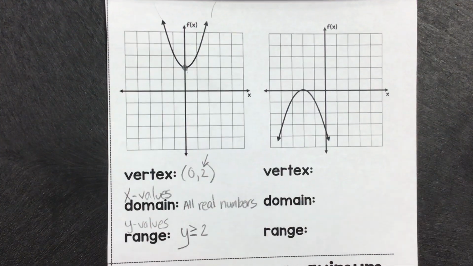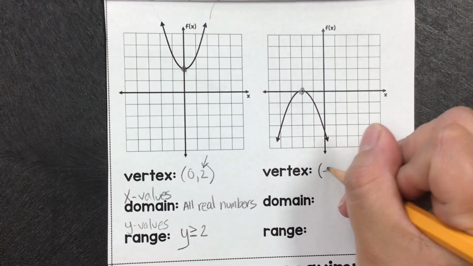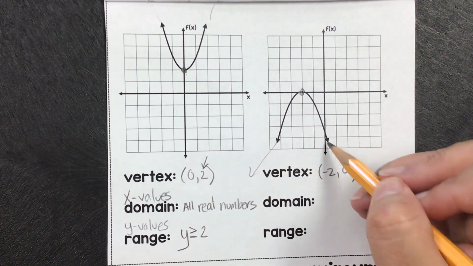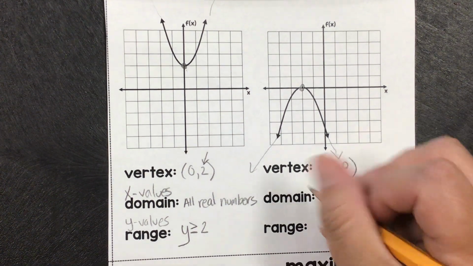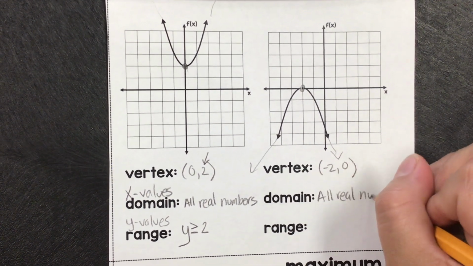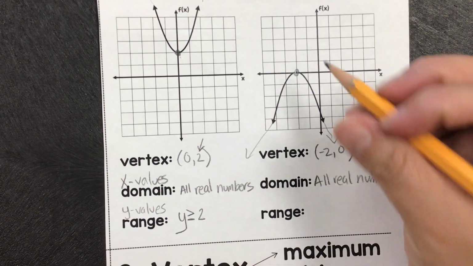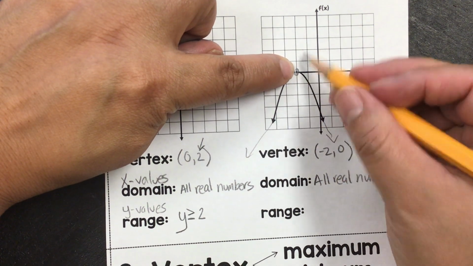We need to start at the vertex. This vertex is negative 2, 0. The domain will still be all real numbers because these keep going on forever and ever and stretch out. But the range now starts at this 0 on the y values.